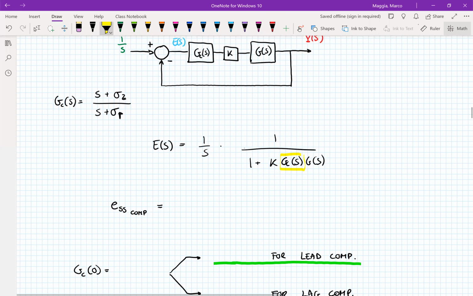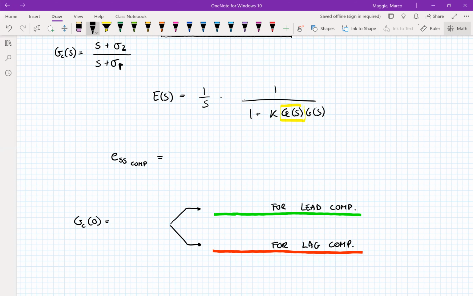All right, so once again, assuming that we can apply the final value theorem, the steady state value for the error, now for the compensated system, is equal to the limit for s that goes to 0 of s times E over s. So let's write it down: 1 over s times 1 over 1 plus K GC times G.